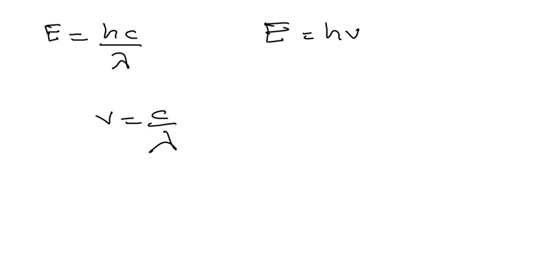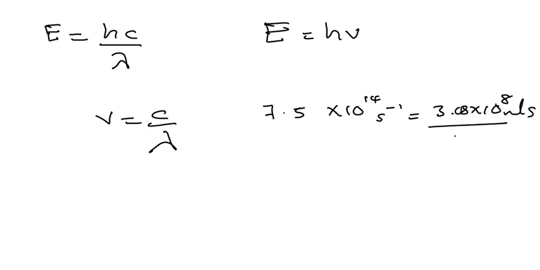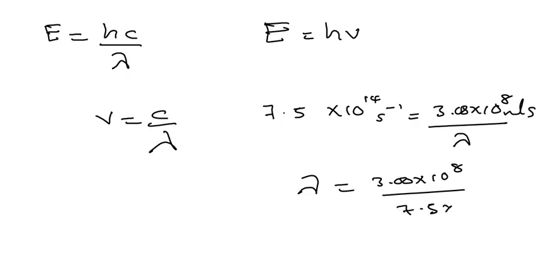The frequency has been given to be 7.5 times 10 to the power 14, per second. The speed of light is 3.00 times 10 to the power 8 meters per second. Then down here we're looking for wavelength. So wavelength is just 3.00 times 10 to the power 8 divided by 7.5 times 10 to the power 14.